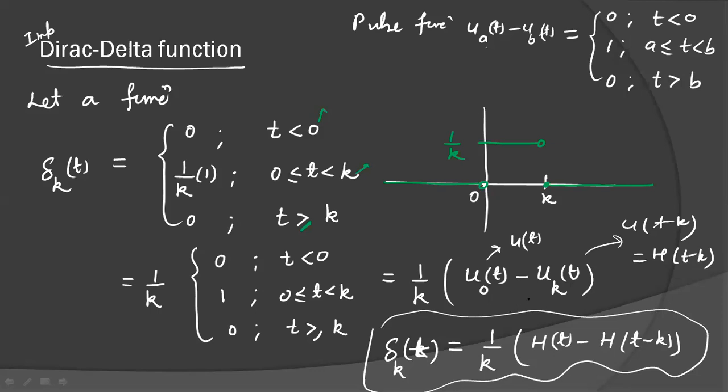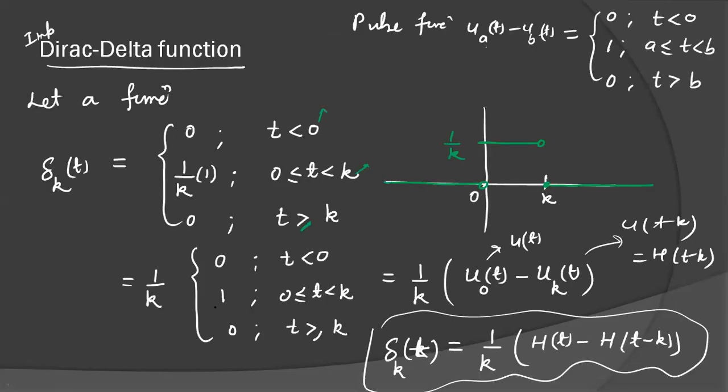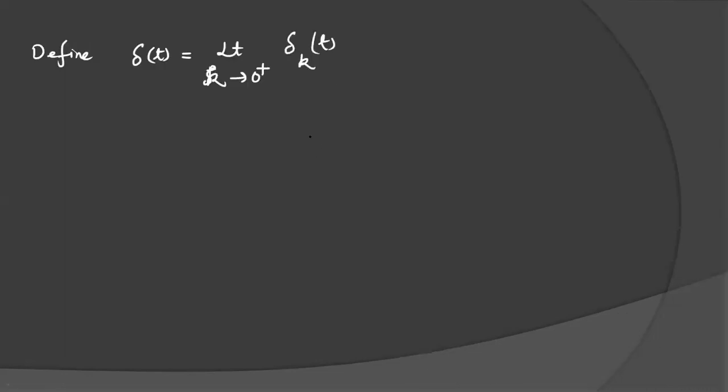Now, what do we define? Define delta t. This is actually the Dirac-Delta function. It is a limiting case of delta kt when k tends to 0 plus, because k is positive. When k tends to 0 plus, the value 1 over k tends to infinity. So what will be the definition of the Dirac-Delta function?